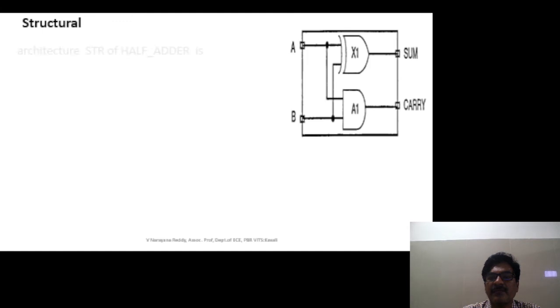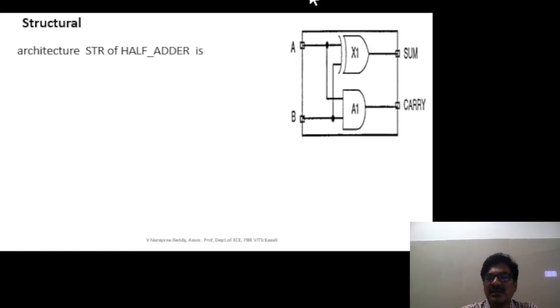Okay, so here is the structural program for the same half adder. Let us take the half adder diagram. For this half adder, the entity declaration we already observed in the previous session. Now let us see how to write the structural architecture model.